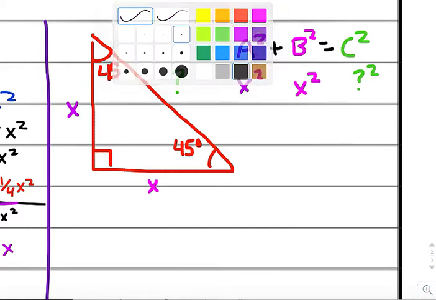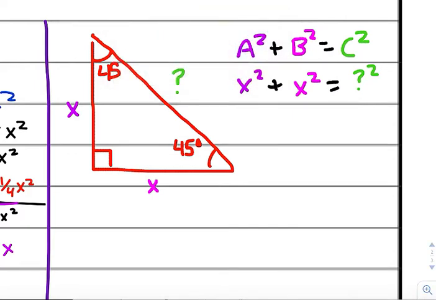We can just solve this in general. So we have x squared plus x squared, which will be 2x squared, equals question mark squared. I'm sorry, we're solving for the question mark, so we're trying to get the question mark by itself. We're trying to figure out the hypotenuse.